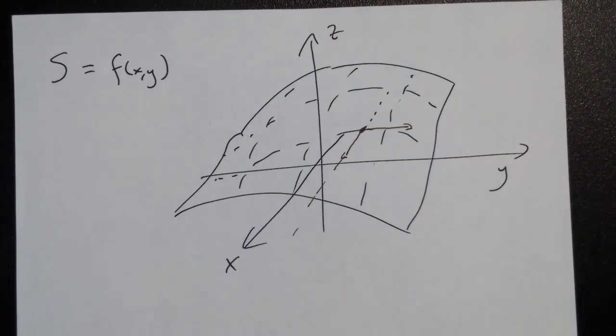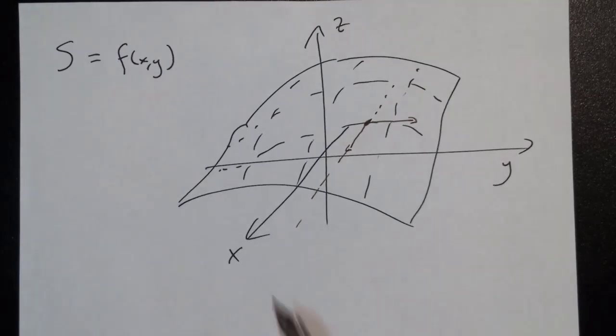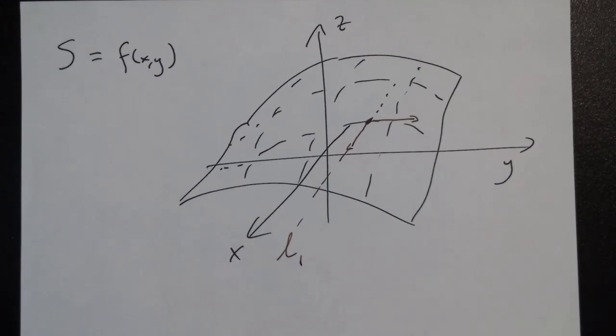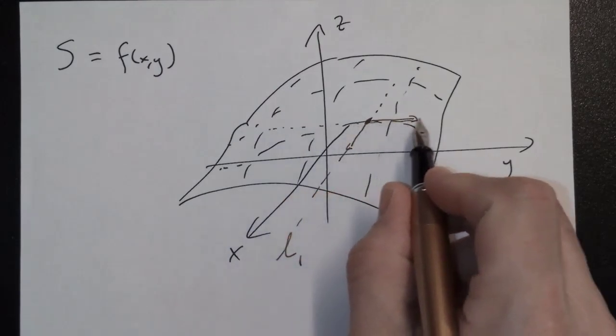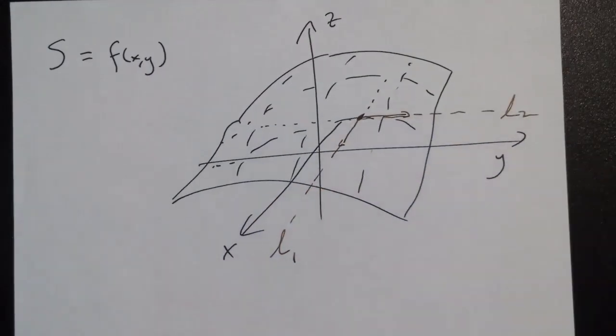I need the vector. What's the direction vector for this line? I want the line L1 that goes this way. I don't know what it is yet. There's another line, L2, that goes this way, right? That's the line tangent in the Y direction.